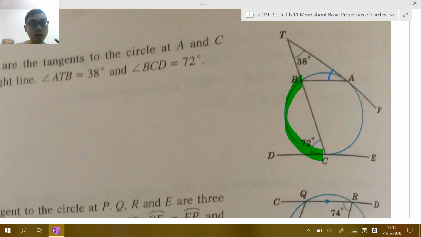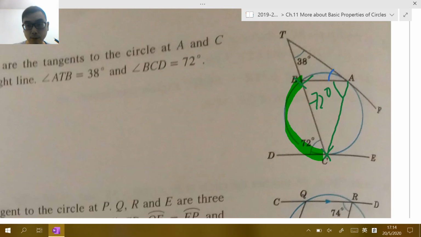Why? Because as I mentioned in today's lesson, BC would be the intersection points of the chord for the angle 72 degrees. That means all the angles subtended by arc BC on the circumference would be 72 degrees, such as if you join AC, you have this one is 72 degrees.